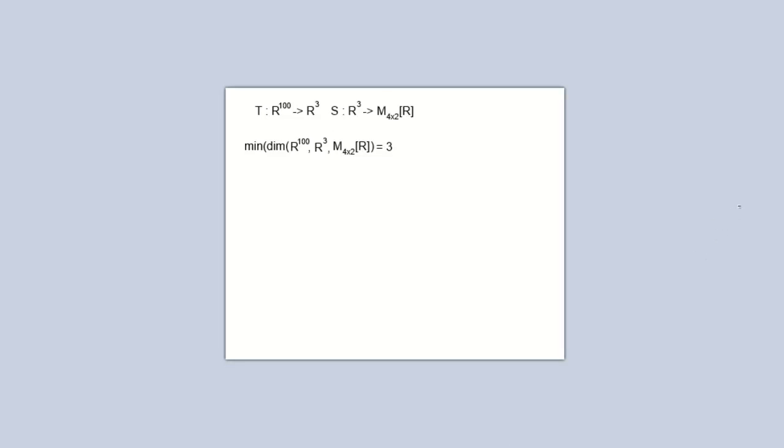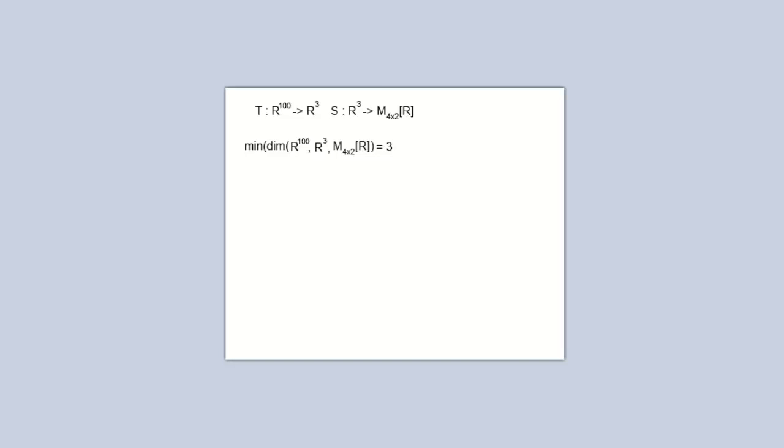Rank works a little differently when you're talking about compositions, and requires that we understand the minimum function. If, as we have here, T is from R100 to R3 and S is from R3 to M4 by 2R, then the minimum of all those dimensions is 3 because it's 100, 3, and 8, and the smallest of those is 3.